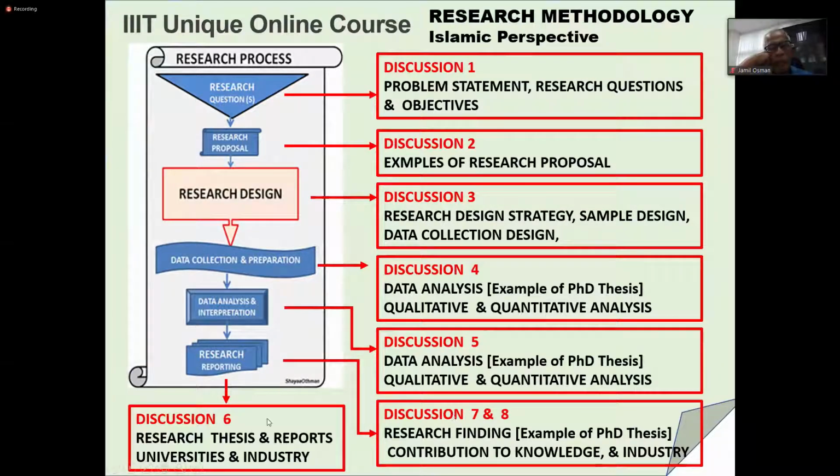And of course, perhaps today you thought of the research report and so on. As we mentioned earlier, various universities and various industries have their own structure. For example, a certain university would like to have its own structure in this way. Anyway, the methods differ in terms of chapters.